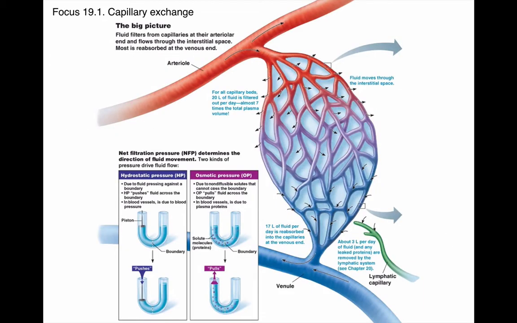Now, there's actually a pretty helpful figure in your text that describes how capillary exchange happens, and we're going to work this out bit by bit. The first thing to talk about is the kinds of pressures that are present that all together construct the local blood pressure.